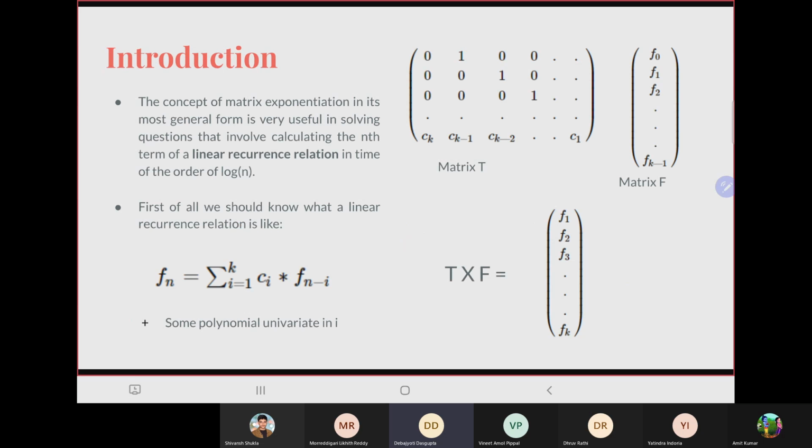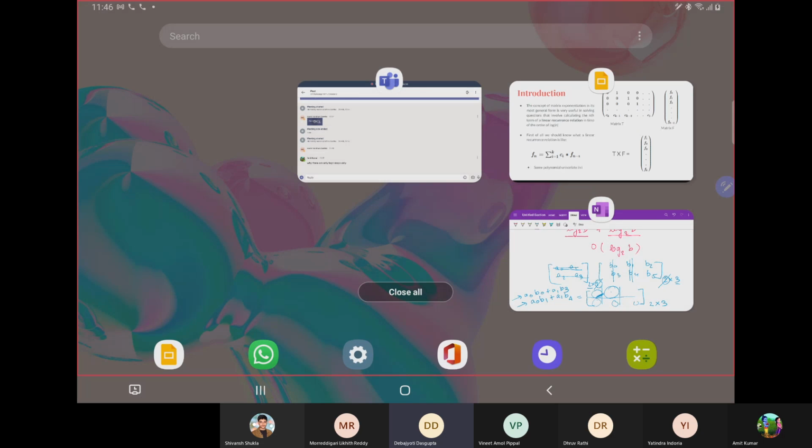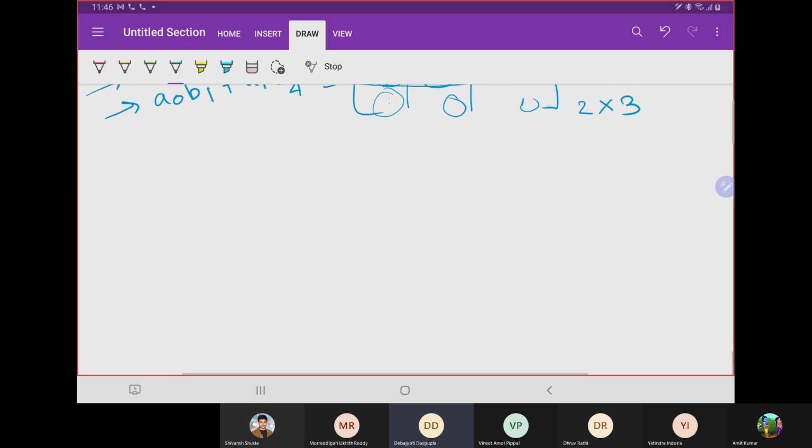But why was matrix multiplication important at all? So matrix multiplication is majorly used to find linear recurrence relations. Like we are most familiar with the Fibonacci sequence. So what is a linear recurrence?